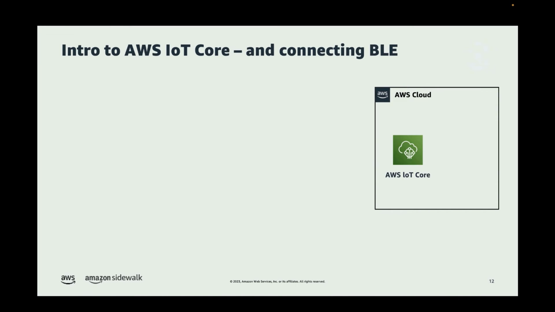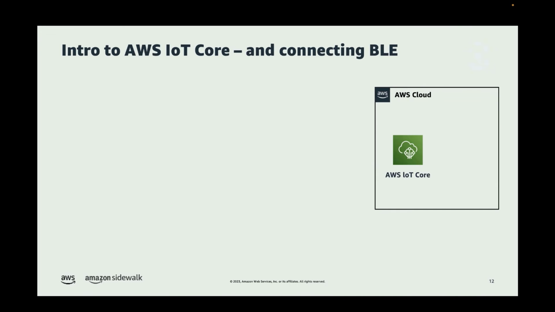AWS makes it very easy to connect virtually any device to the cloud, whether it's powered by a microcontroller or microprocessor. IoT Core really forms the backbone of IoT deployments. It's the central hub or service in which customers can take advantage of connecting devices that exist outside of the cloud.